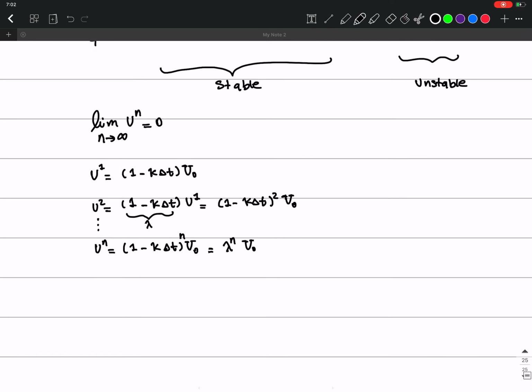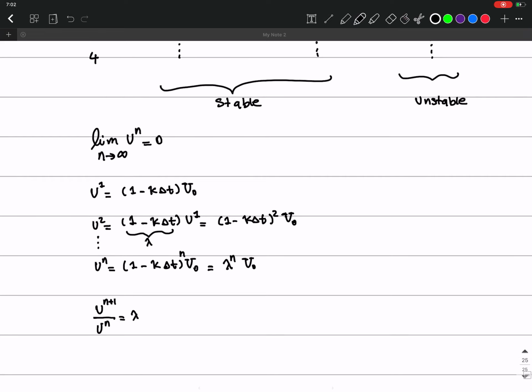So in general, I can make a general statement that u_{n+1} over u_n is going to be lambda. And a general statement for stability says that if the absolute value of u at step n+1 over u at step n is smaller or equal to 1, then we are going to be stable, right?